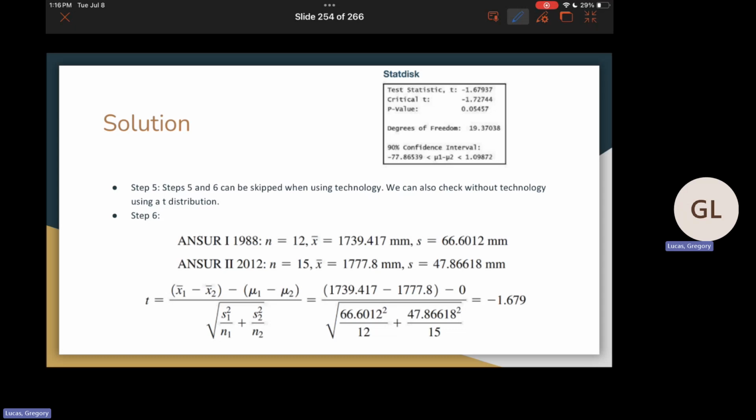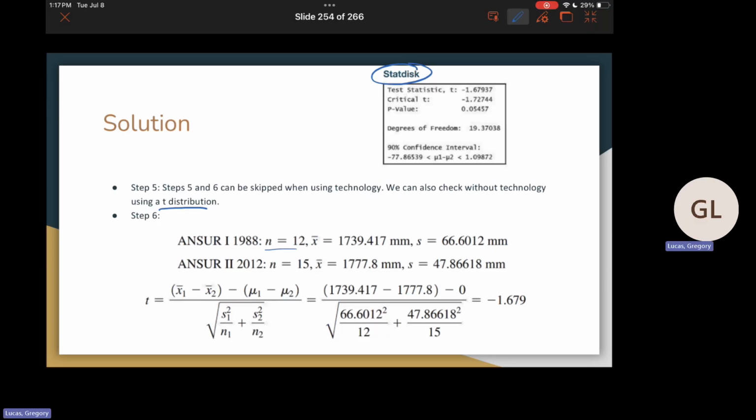So I gave it to you to look at in the corner here. So we're going to use this t-distribution. We have to use a t-distribution when we're testing two means. It will always be a t-distribution for this class.